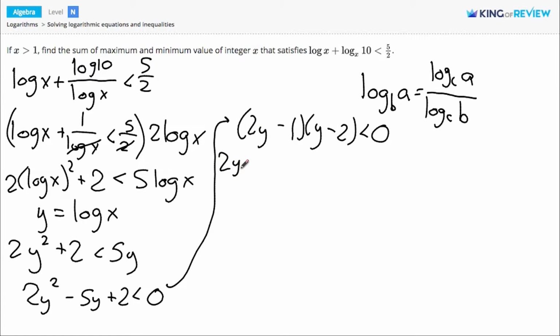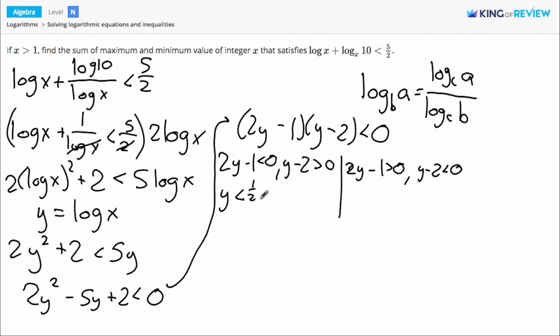Either the first one is negative and the second one is positive, or the other way around, the first factor is positive and the second one is negative. If I solve these equations, I get y is less than 1/2 and y is greater than 2. Wait a second. You can't have a number that's smaller than 1/2 and also bigger than 2 at the same time, so this solution does not work.